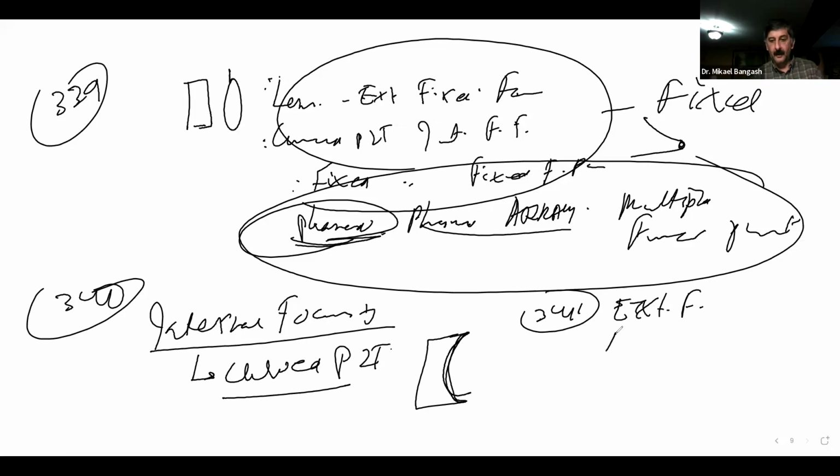That was when we had a lens. We had the PZT, but in front of it, external to the PZT, we had a lens that was curved. Did you guys get that?